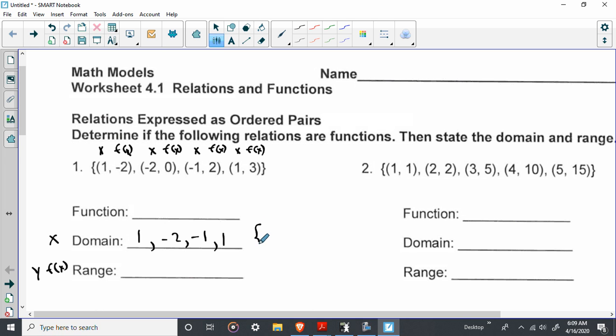Fancy bracket thing. Don't worry, you don't have to draw those. You can type them now. Your domain is -2. Then the next lowest number is -1. Then you see that 1 occurs twice. You don't need to write it twice. So this is your domain.